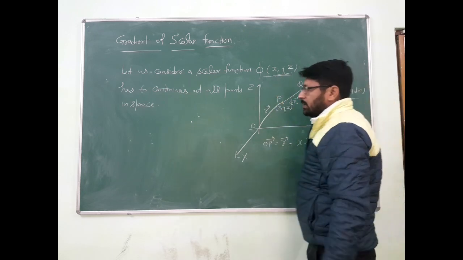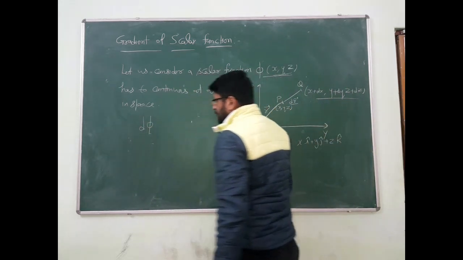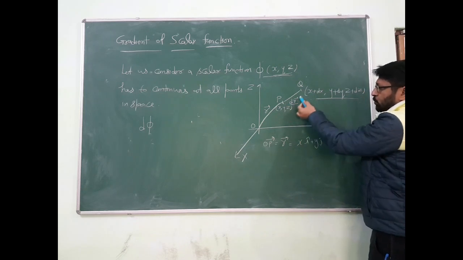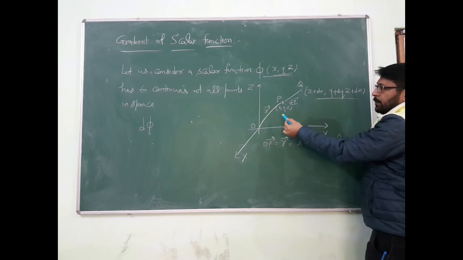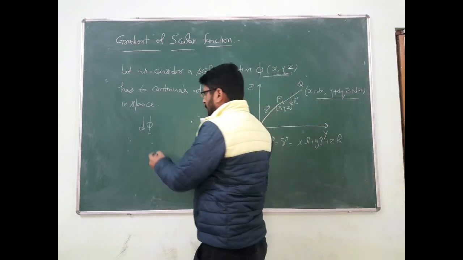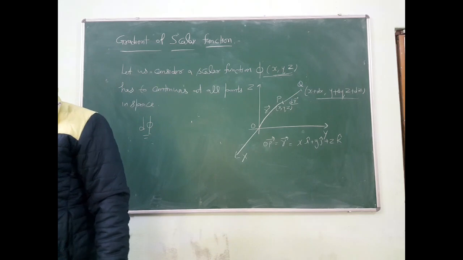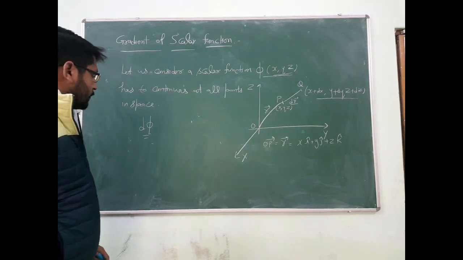Because we have moved a small distance from P to Q, which is dr, corresponding to this small displacement the change in phi will be d phi. There will be a change in the value of phi, and say that value is d phi.